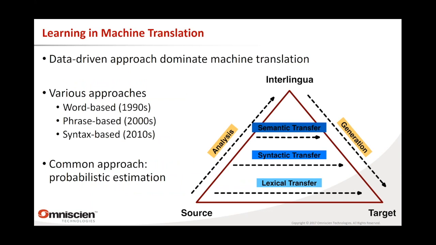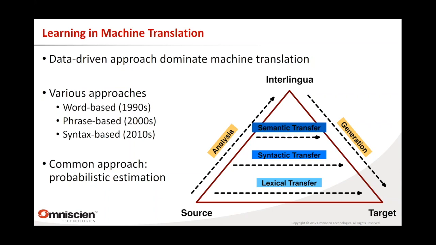The machine learning field has been dominated by learning approaches. These differ quite a bit over the years. The initial statistical machine translation systems that were proposed were oriented around translating words. The real breakthrough in commercial availability and good enough quality for many purposes were phrase-based models, and the most recent incarnation of statistical MT uses syntactic structure.